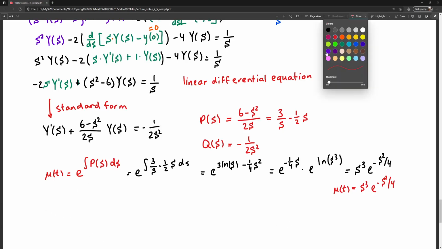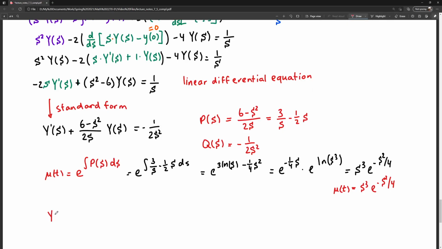Then we can solve for y of s by using the formula y of s equals 1 over mu of s times the antiderivative of mu of s times q of s ds plus c.